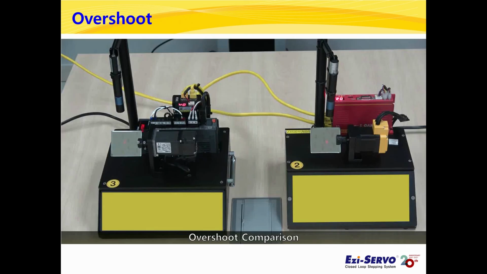I will show you the overshoot with the demonstration, which has the same structure as the demonstration you saw earlier. The motors will move 90 degrees at 2400 rpm speed with 50 millisecond of the acceleration-deceleration time. Now let's see how the overshoot differs when two motors are moved under the same conditions.